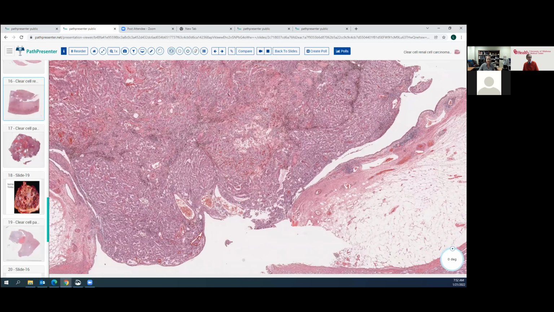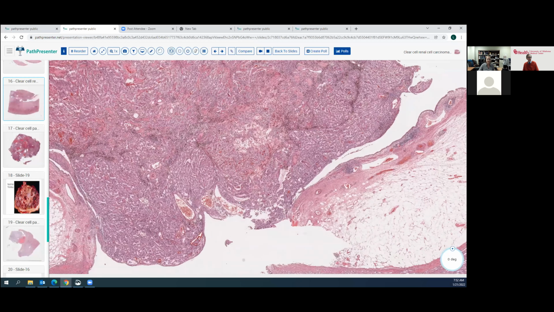Next case. So it looks like we have a partial nephrectomy because there's ink hugging the tumor, getting really close. Bit into it a little bit there. But let's look at the tumor cells.